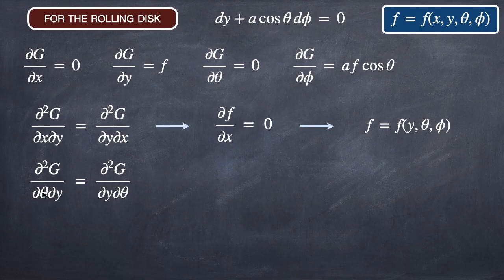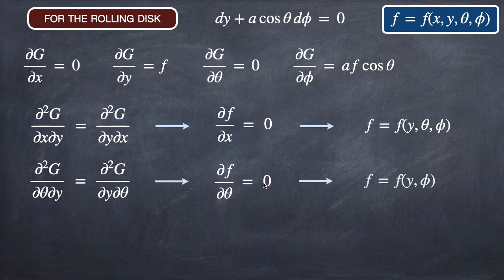Another combination of partial derivatives, del g del y is f, so we have here del f del theta, and since del g del theta is equal to 0, this equation is equal to 0 as well, and then f has no dependence on theta. F is a function of y and phi only.